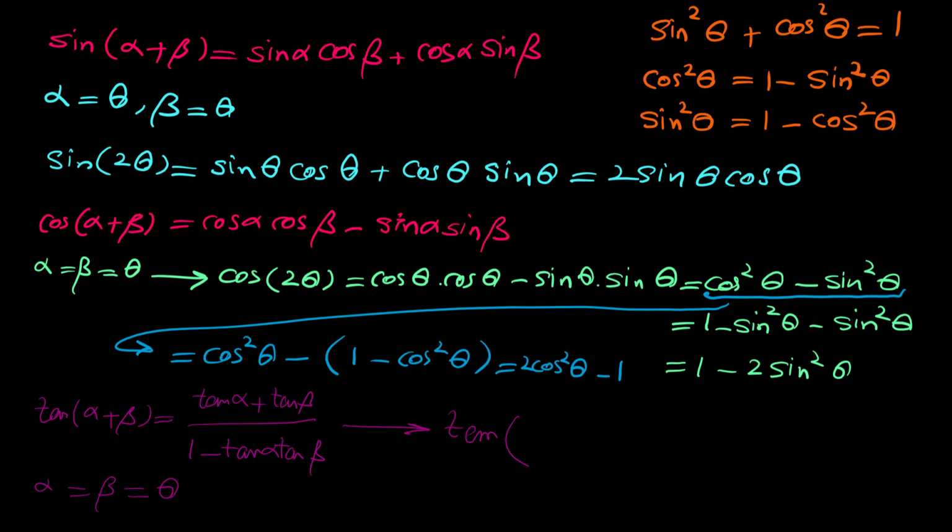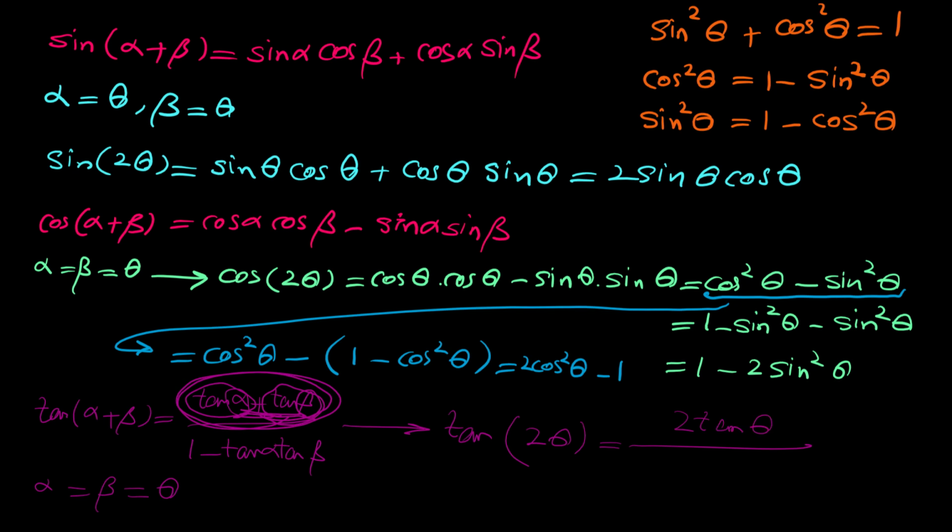tangent of alpha plus beta is theta plus theta, because we suppose that alpha is theta and beta is also theta, so the sum of these two would be 2 theta. So we have tangent of 2 theta equals, alpha is theta and beta is theta, so tangent of theta plus tangent of theta would be 2 tangent theta.